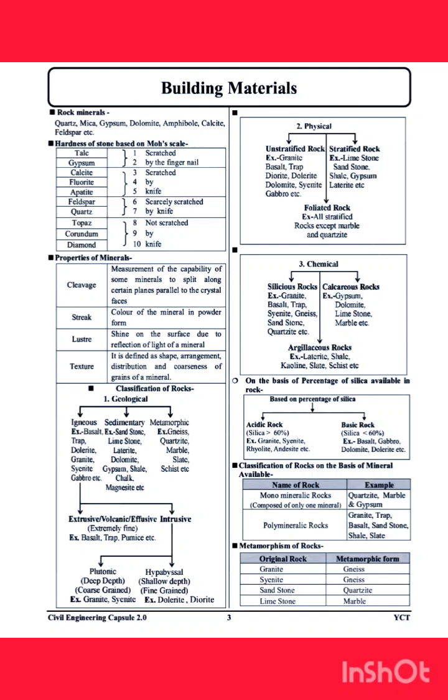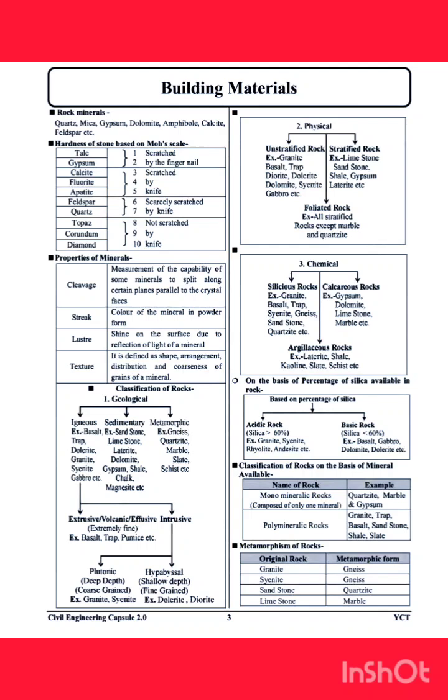Its physical classification is unstratified rocks and stratified rocks. Unstratified rocks are like granite, basalt, trap, diorite, dolomite, syenite, gabbro, etc., and stratified rocks are like limestone, sandstone, shale, gypsum, laterite, etc. There are three physical classifications of rocks: stratified, unstratified, and foliated.